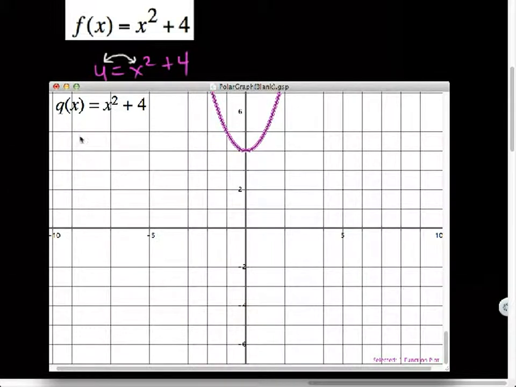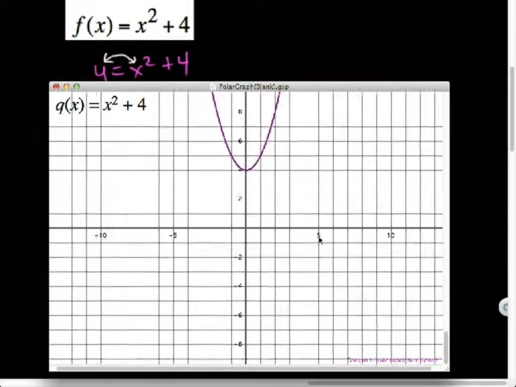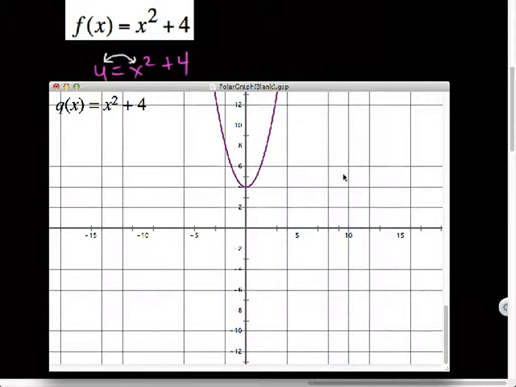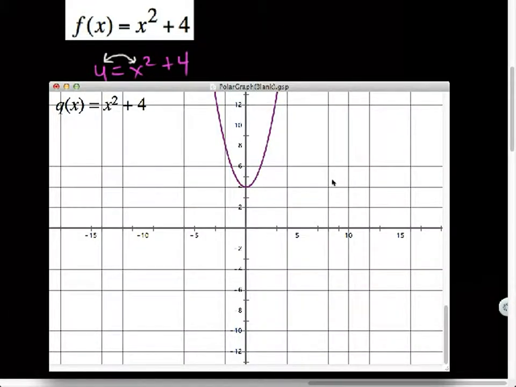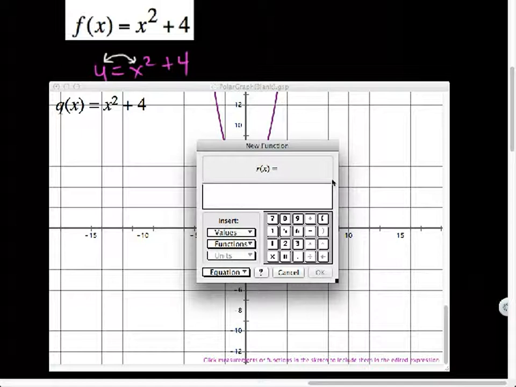Display, I'll make that medium there. Excellent. So here's x squared plus 4. Now let's graph its inverse on the same graph. So that's the square root of x minus 4. Notice my little math symbol there, it shows the symbol right.